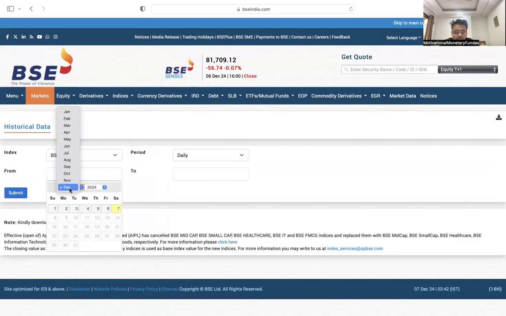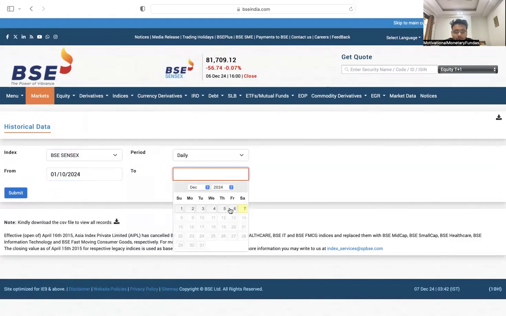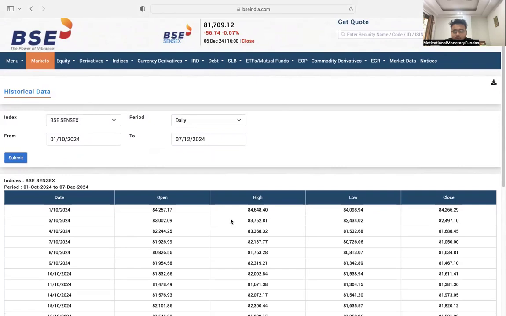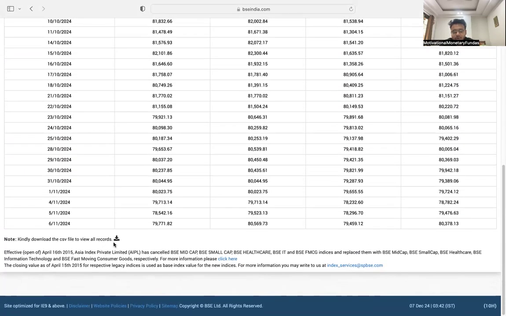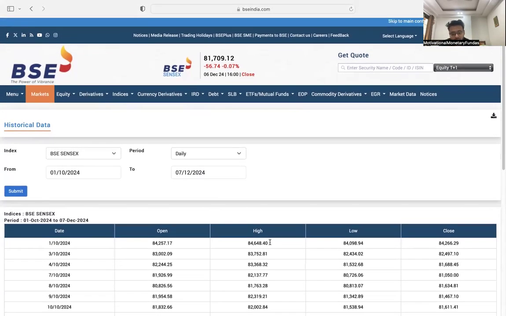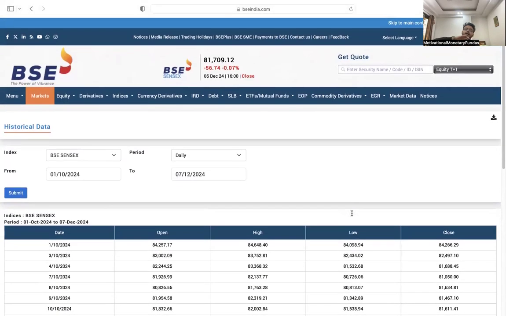For example, randomly, if I take the time period from 1st October 2024 to 7th and press submit, I get the same format, open, high, low, close, that we have in Excel. I can just download it from here, and all these numbers are here. So the starting open and the last close I can just take and calculate my CAGR.